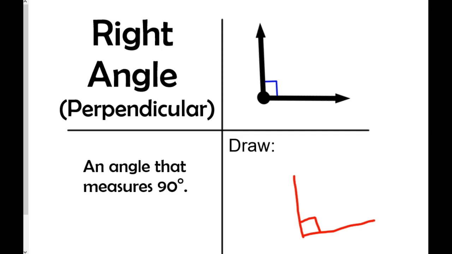Again, acute was less than 90 degrees. So acute is less than 90. Right is exactly equal to 90.